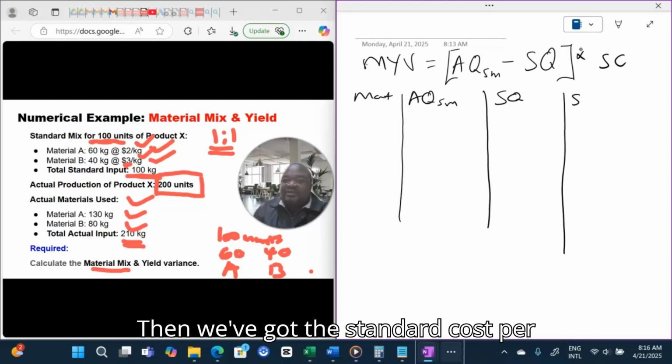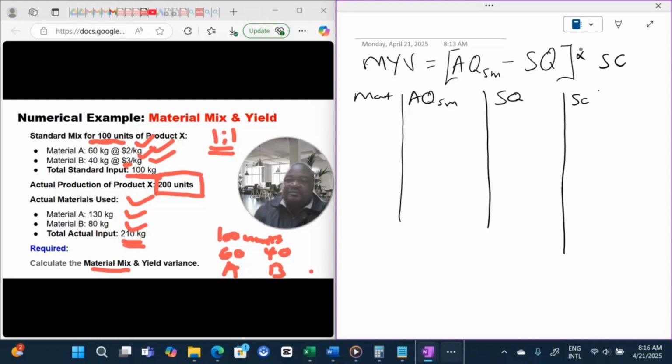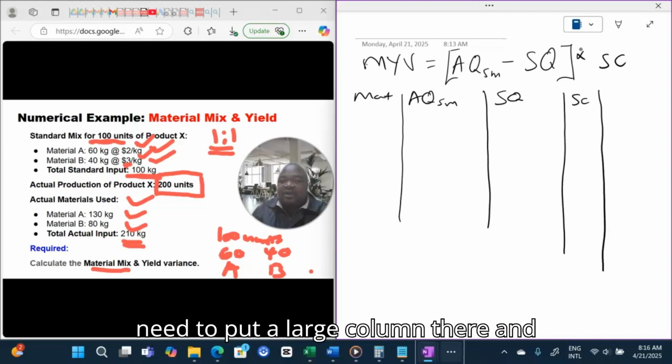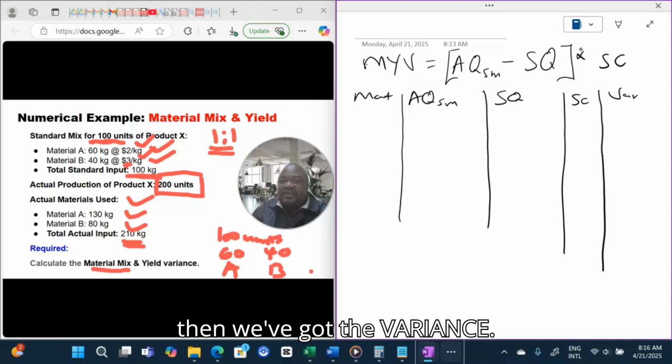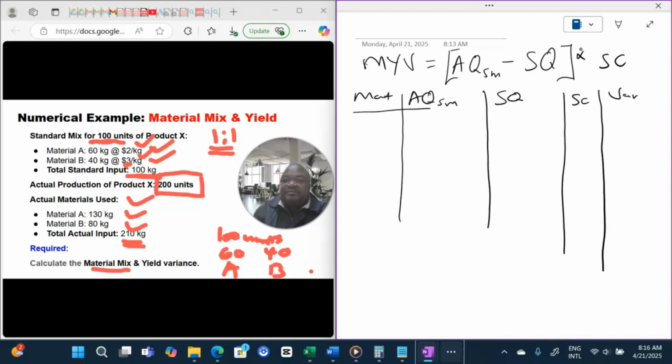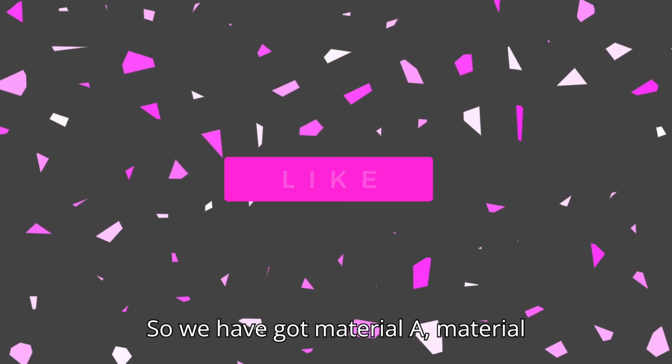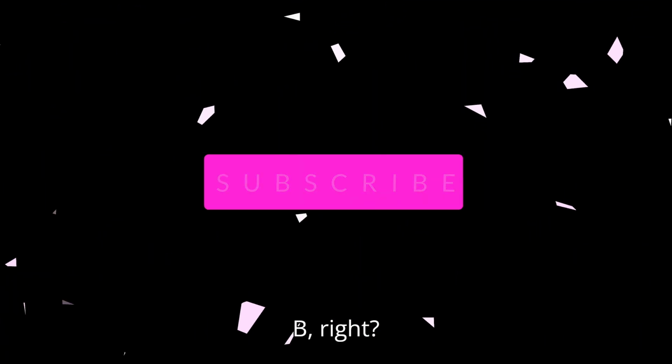Then we've got the standard cost per unit. No need to put a large column there. And then we've got the variance. So we've got material A, material B, all right?